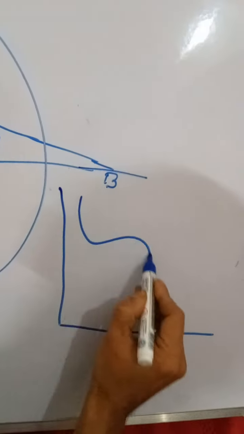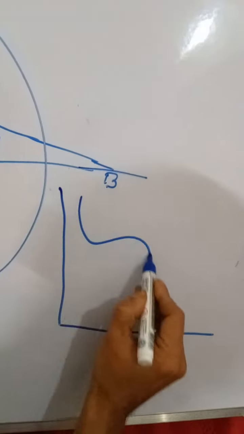Suppose this is the budget line. So according to the first condition, say U, the consumer should be at equilibrium at this point. That means the consumer should get maximum satisfaction at point U.